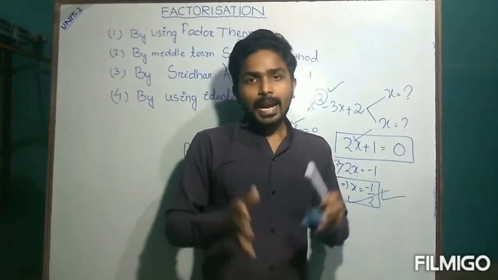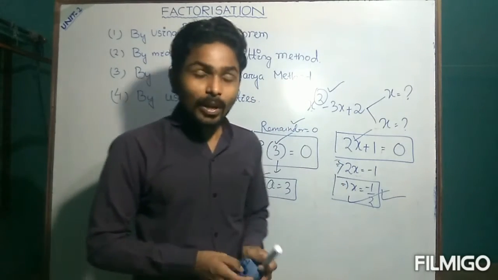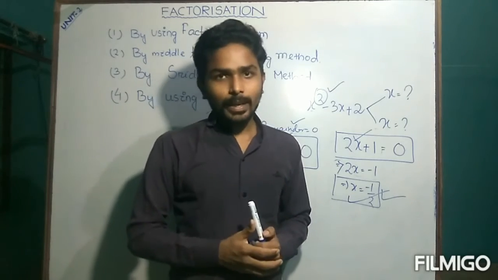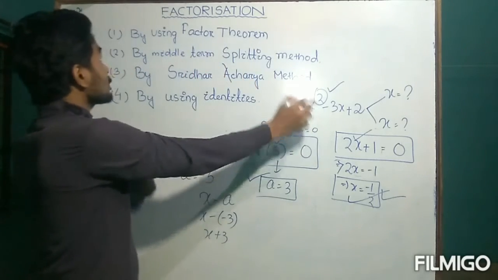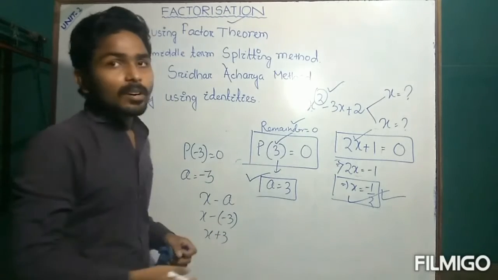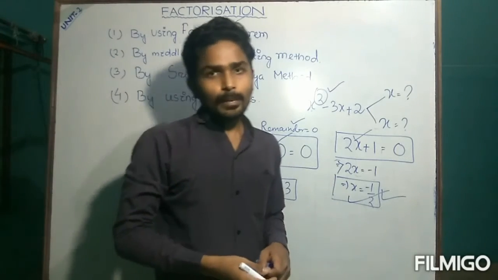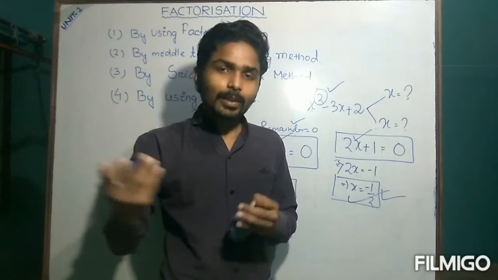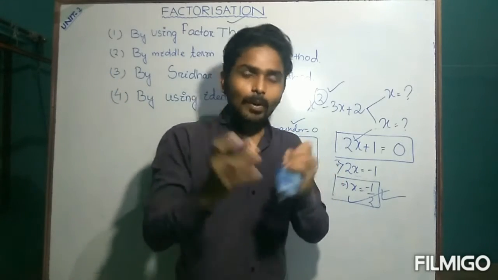And in this session, we will discuss how to factorize a quadratic polynomial. So today's class is based on factorization of quadratic polynomials. How can we use the procedure to factorize a quadratic polynomial?